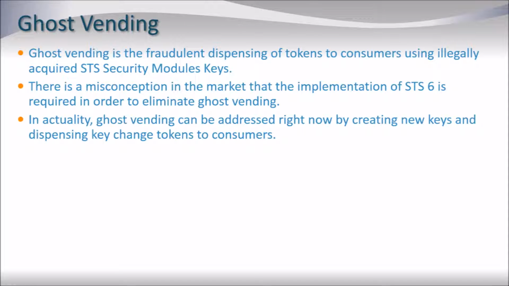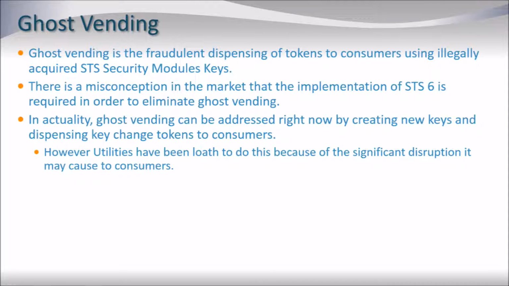But in actuality, ghost vending can be addressed right now by creating new keys and dispensing key change tokens to consumers, exactly as is proposed to deal with the 2024 TID rollover problem. However, utilities have been loath to do this because of the significant disruption it may cause to consumers.